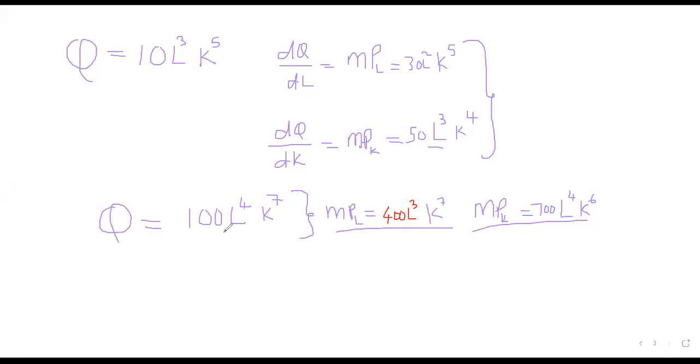Okay, so having understood how to differentiate this partially, you must also understand that production has what we call returns to scale. So if you're looking at production and alpha plus beta is greater than 1, we call that increasing returns to scale.